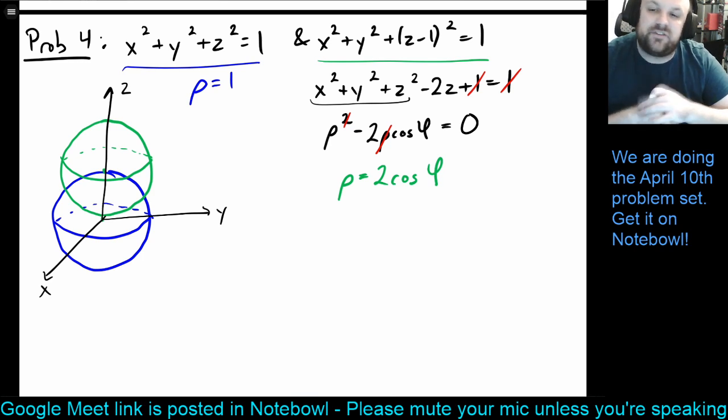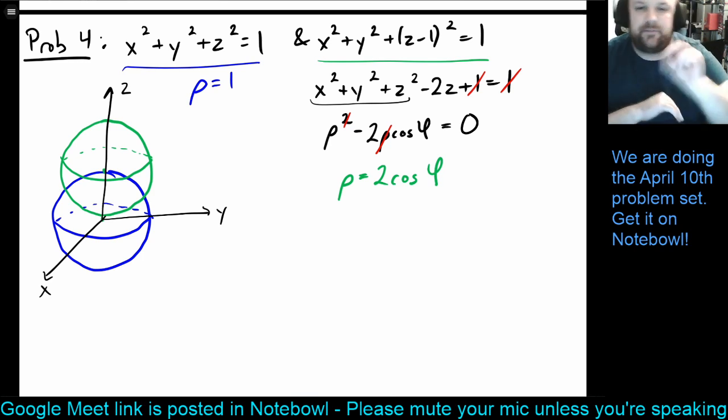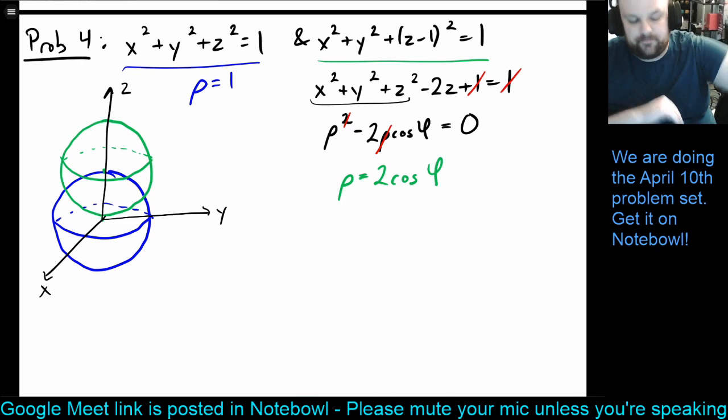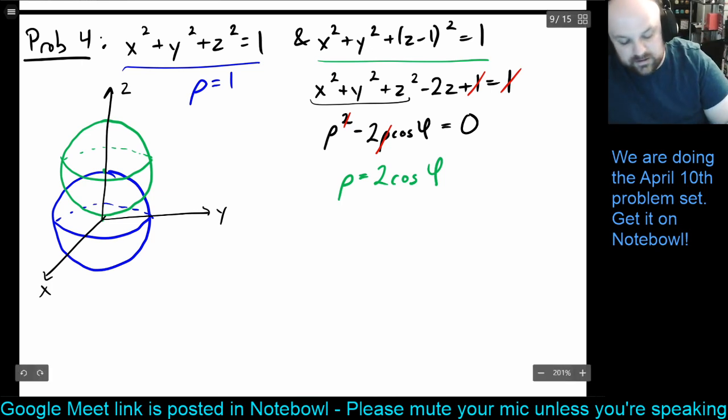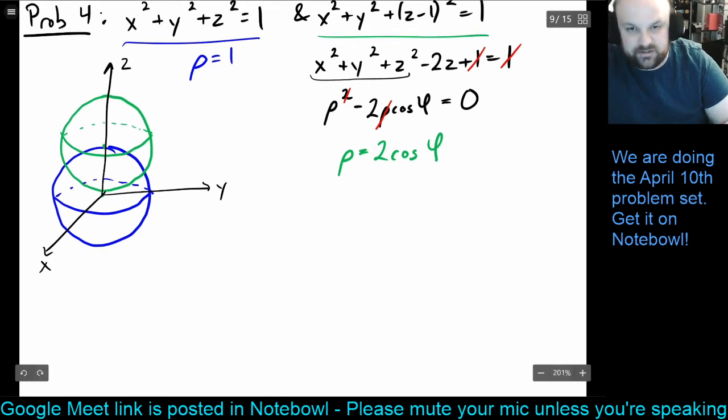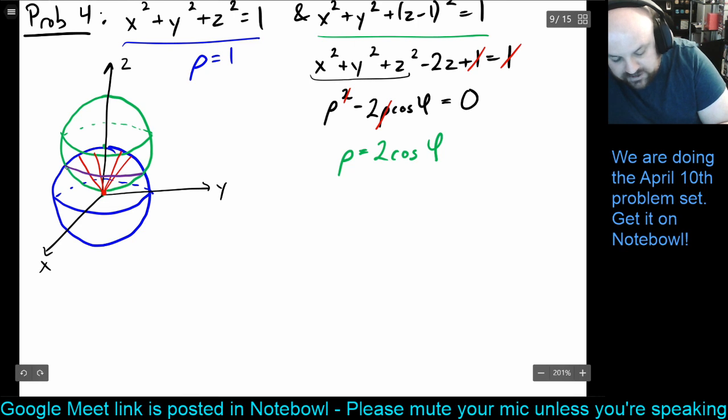For spherical coordinates, we're measuring from the origin outward. So hopefully this picture doesn't get too terrible here. So starting at the origin, if we're moving out, we're going to hit the blue sphere for a while, until sort of this spot right here, where the two intersect.